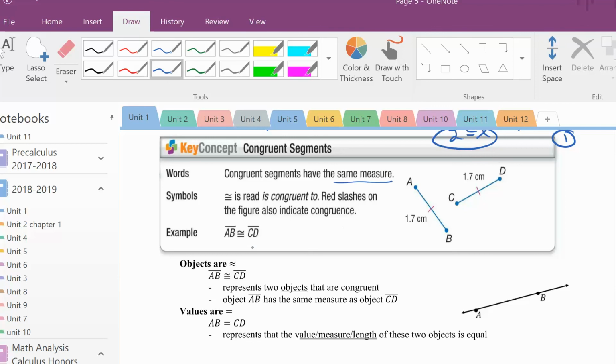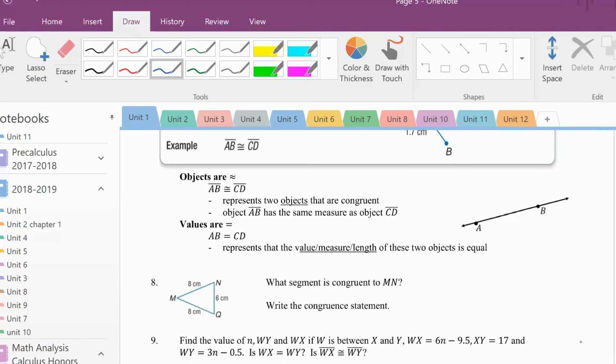So here in the picture, we say that segment AB is congruent to segment CD. Objects are congruent, meaning if you have a segment, or we'll talk about angles, any object, they are congruent. When you talk about numbers, we say that they're equal. So values are equal, objects are congruent.